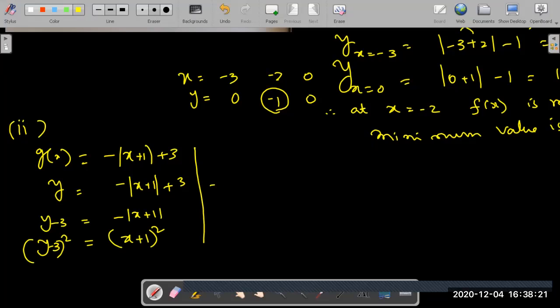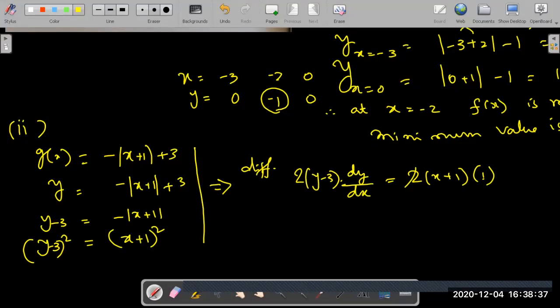From here, you differentiate, then you'll have 2 into y minus 3 into dy by dx equal to 2 into x plus 1 into 1. So the 2 gets cancelled. Therefore, dy by dx equals x plus 1 divided by y minus 3.